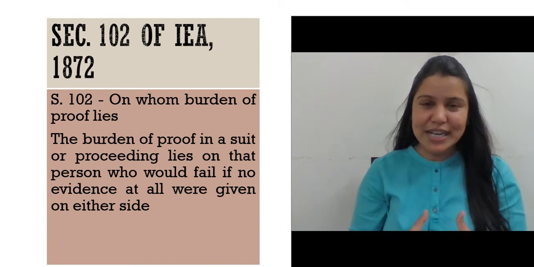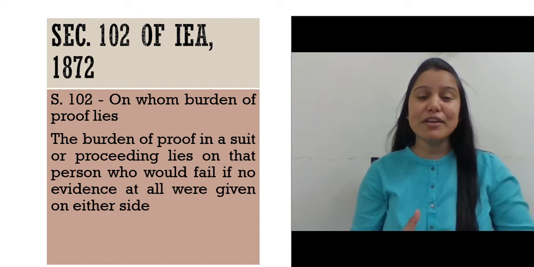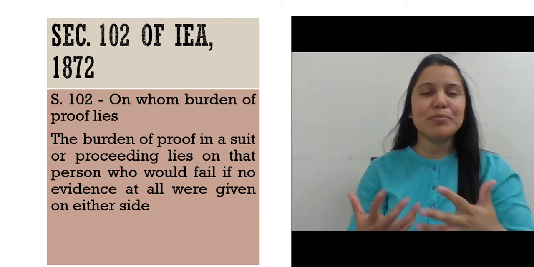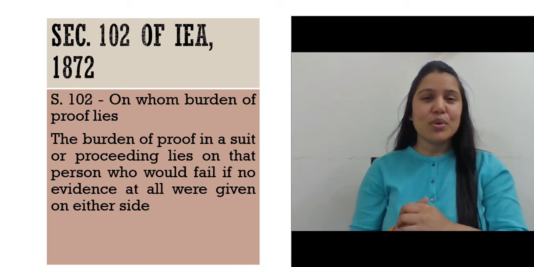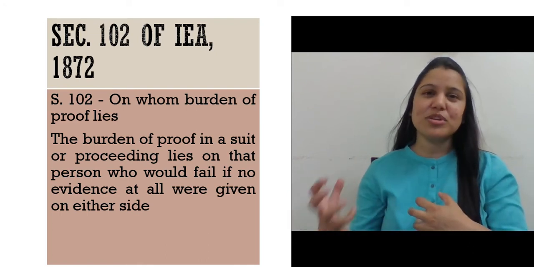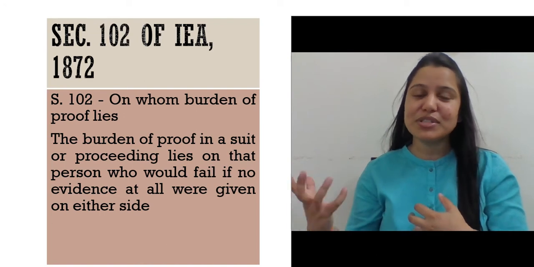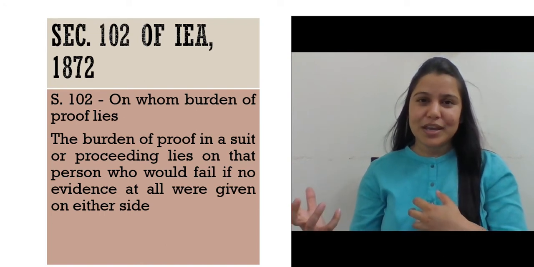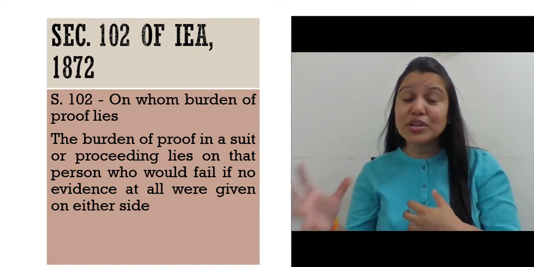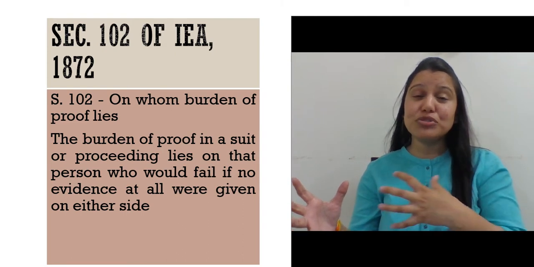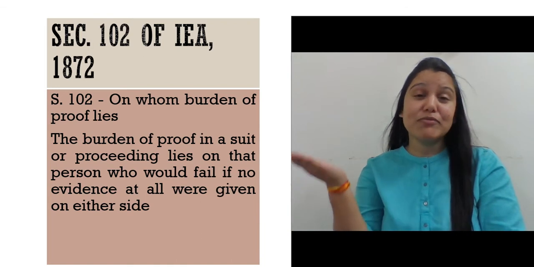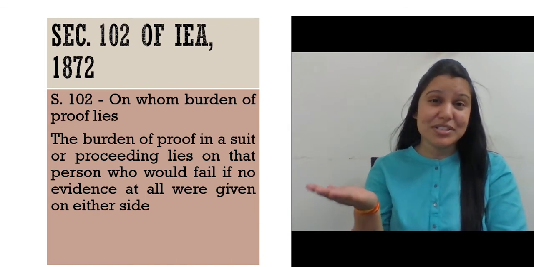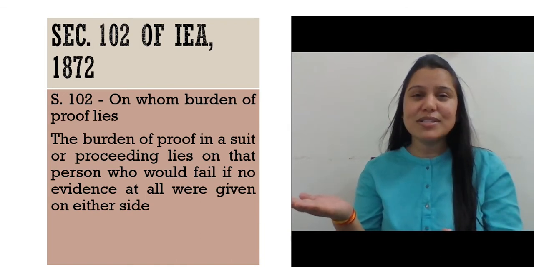Let's take an example. If I prove my point, and I give evidence that when the grievous hurt was caused, B was there and B caused the grievous hurt, now B has to give evidence in order to prove himself innocent. At this point, if B does not give any evidence, then he will lose the case.